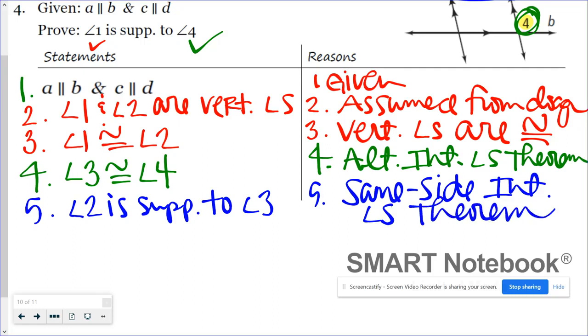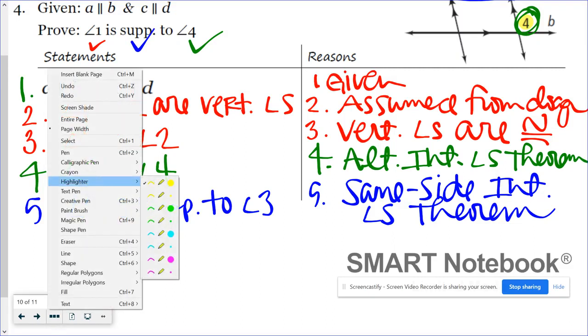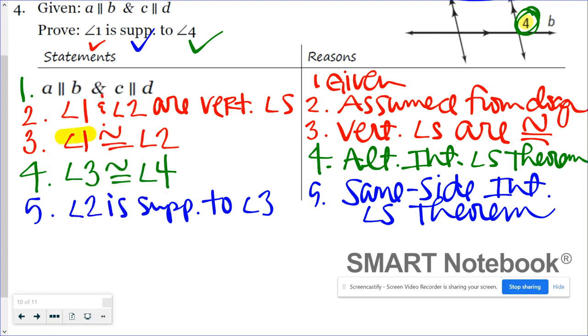So we basically have all 3 pieces. So angle 1, angle 4, and supplementary, it's in our proof, okay? So here we have angle 1, here we have angle 4, and here we have supplementary. So why is angle 1 supplementary to angle 4?